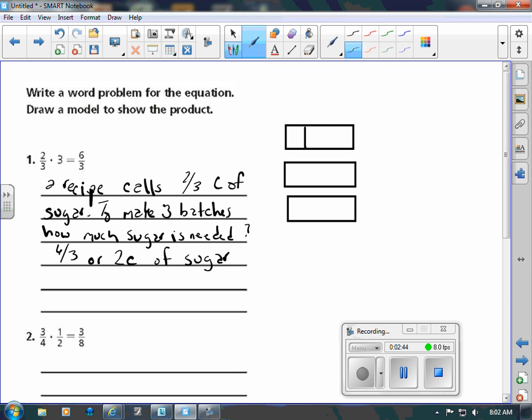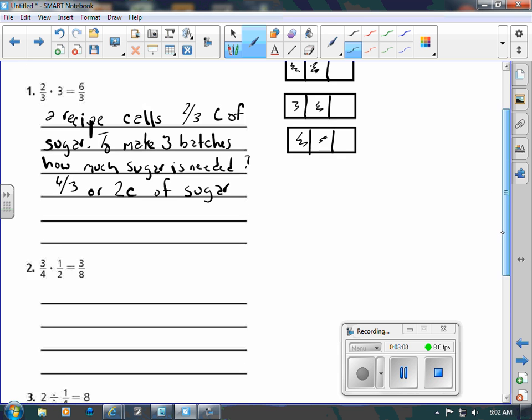So if I chopped it into thirds, oh, that was a little squirrely, I would need this one and this one, right? Again, if I chop this one into thirds, I would need this one and this one. Chop this into thirds, I would need this one and this one, okay?